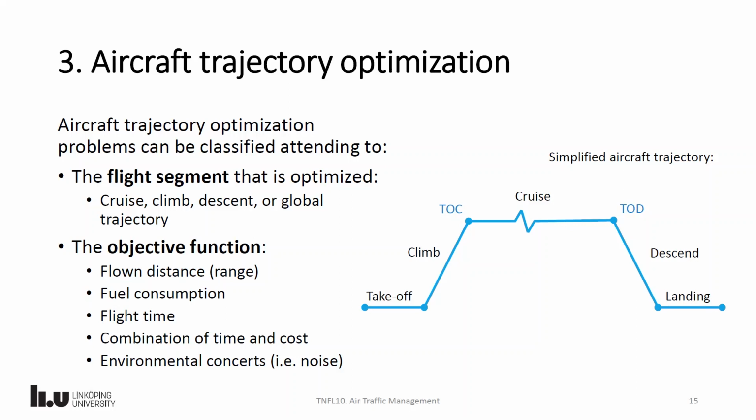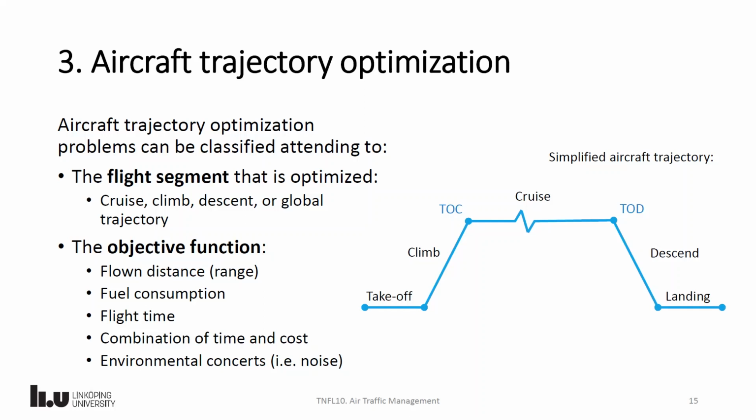So if we want to optimize the use of fuel, we're going to be focusing more on cruise, climb, and descent than on the takeoff and landing phases. And in particular, the cruise is the longest part of a flight in general. So it's very common to focus our optimization efforts on that part of the cruise.